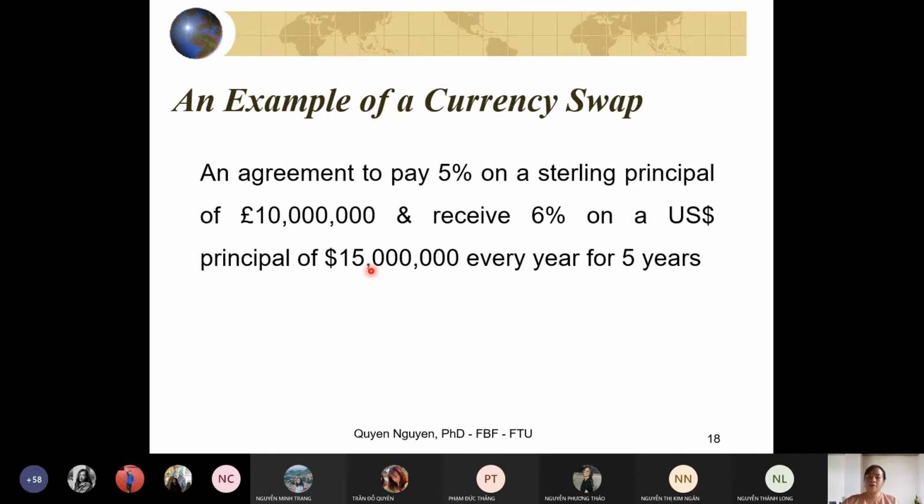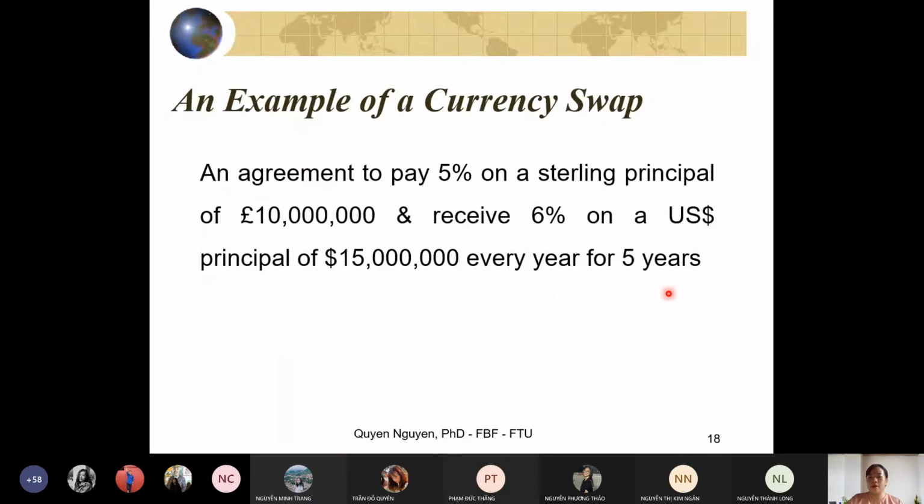sterling, Great British pounds, and US dollars, but also based on the percentage we would be able to calculate the amount of cash flow in Great British pounds and in US dollars. So we pay 5% on 10 million pounds, and then receive the cash flow based on 6% of the principal, 15 million US dollars every year for the next 5 years.